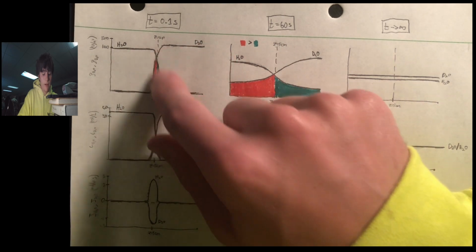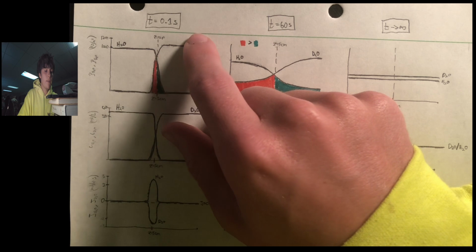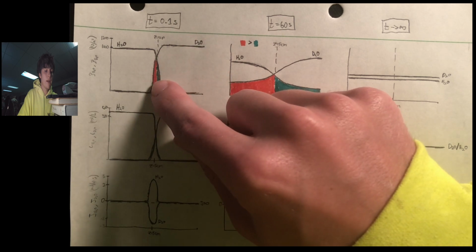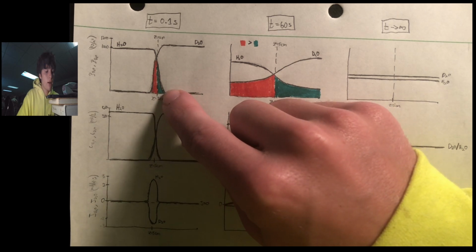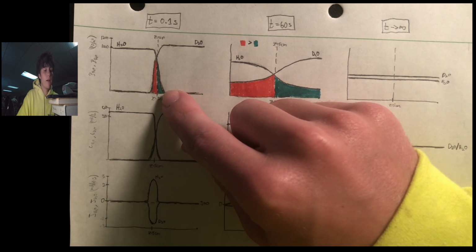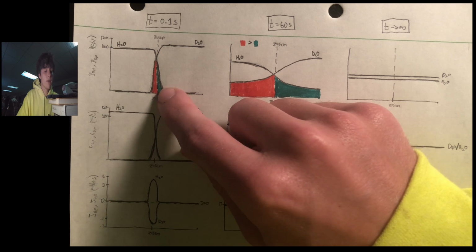But right at the interface, because you've let a little bit of time go by, some deuterated water moves over to this side and some regular water moves to the right-hand side. This green area, multiplied by the cross-sectional area of the capillary, is representative of the total mass of water that moves to the right-hand side.